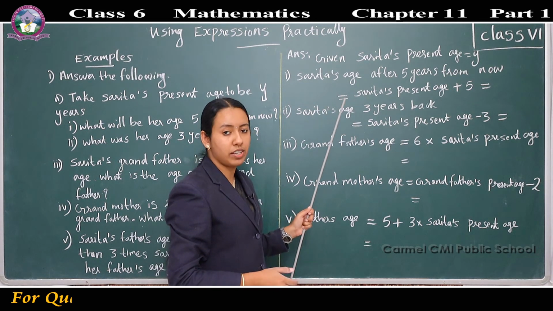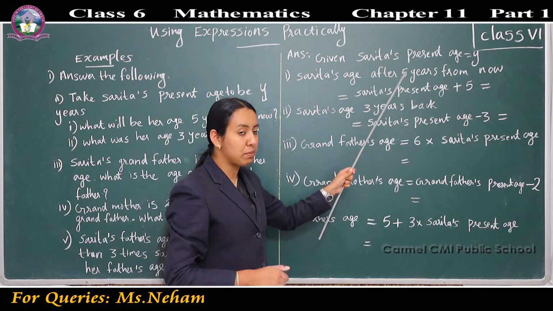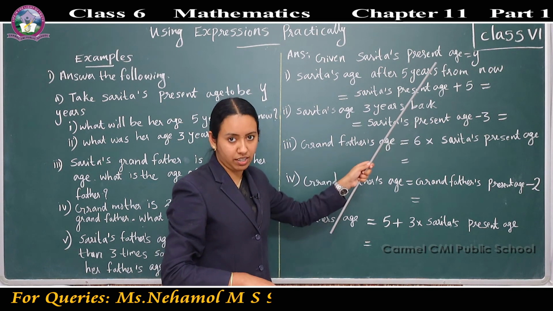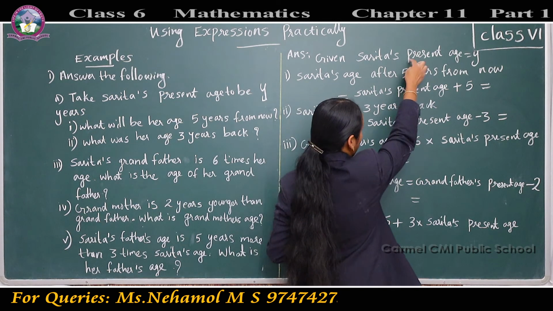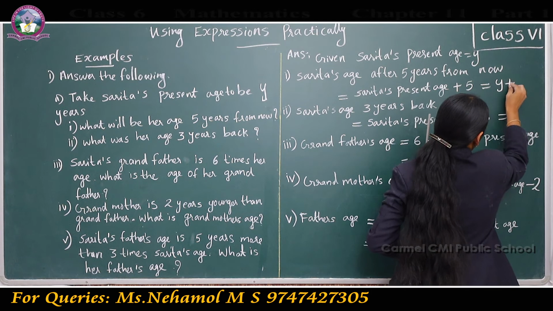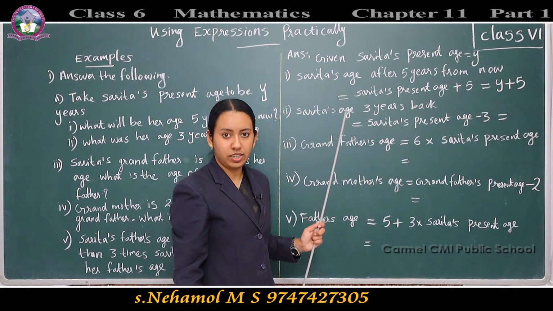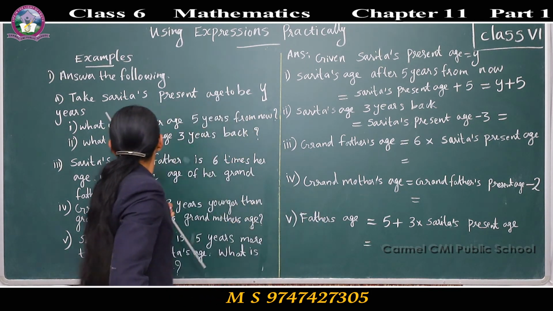After 5 years, Sarida's age will be Sarida's present age plus 5. Present age is y, plus 5. That means y plus 5 years.